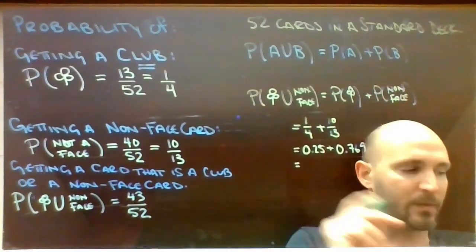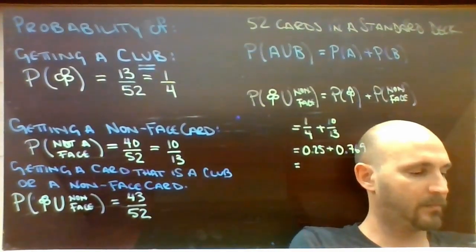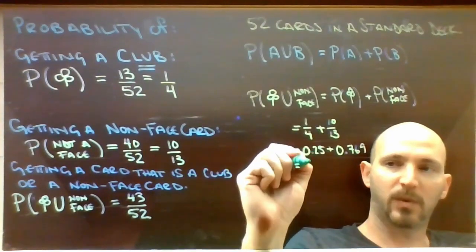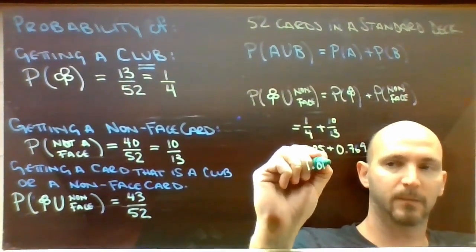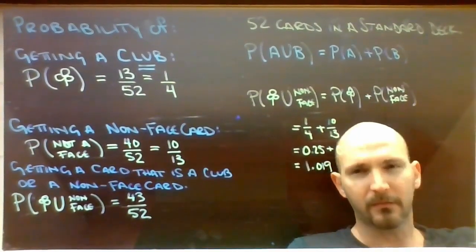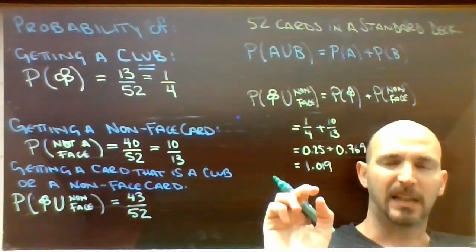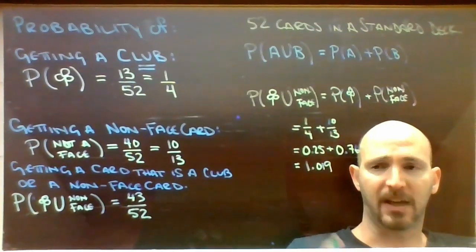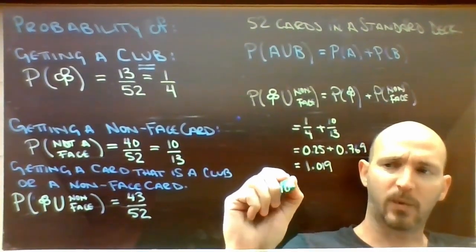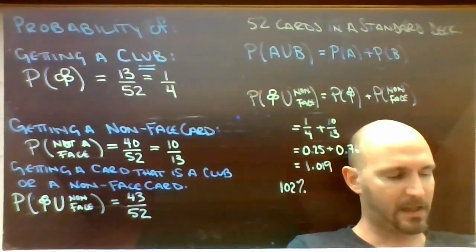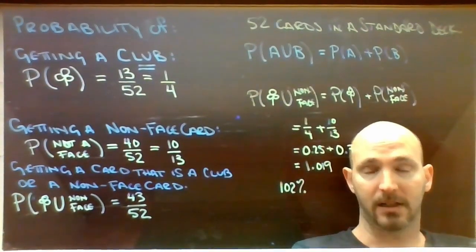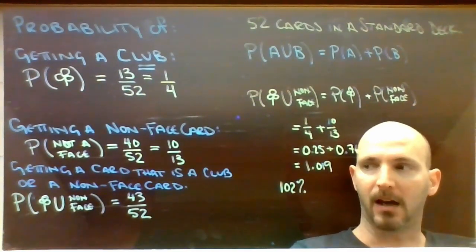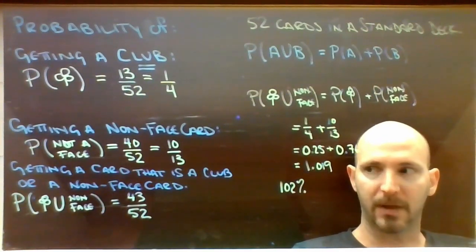And if I add those, I get 1.019. That's a 101.9% chance. So round that just for fun. That's a 102% chance. That's wrong. If I were to hand you a deck of cards and say, pick one at random, what's the probability that the card you pick is a club or a non-face card?